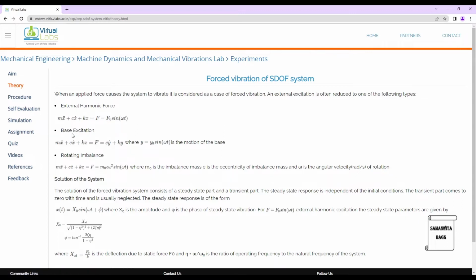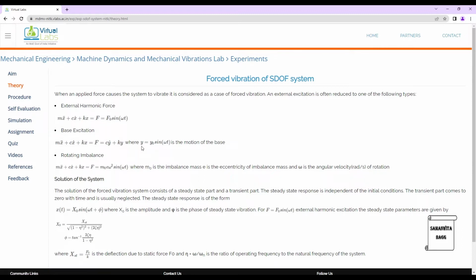Next comes the term of base excitation. M x double dot plus C x dot plus K x is equal to F again, and this F can be in the form of this equation. So we are seeing the second type of excitation which can be given, that is base excitation. You have an equation here, C y dot. C is the damping effect, y dot is the velocity, K is the stiffness of the material and y is going to be the displacement.